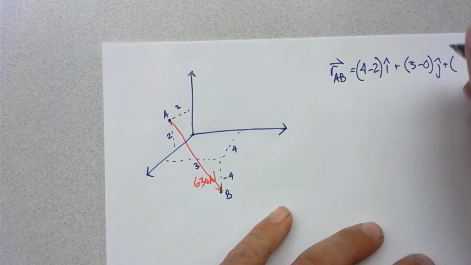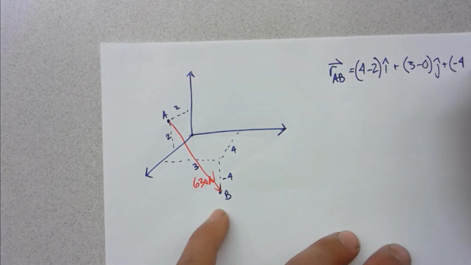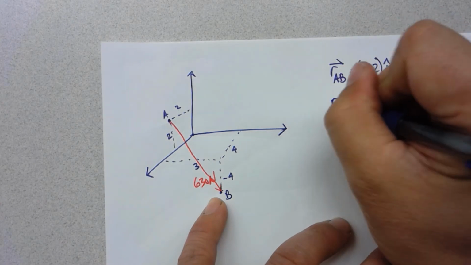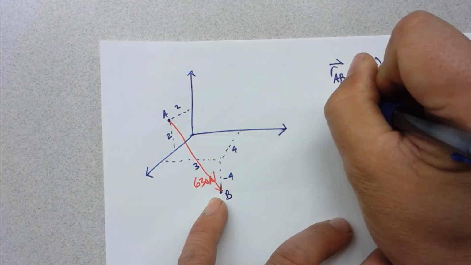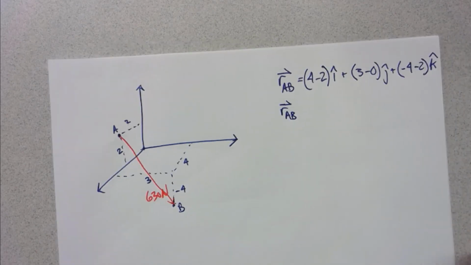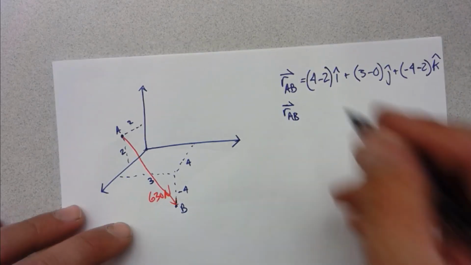Okay. Negative 4 minus 2 in the k hat. Right? So RAB, you're outside of your box. How am I outside? Oh, sorry. There you go.